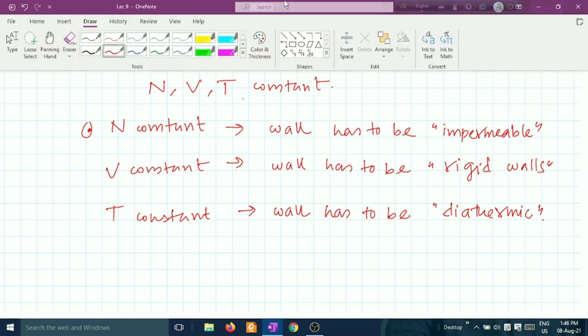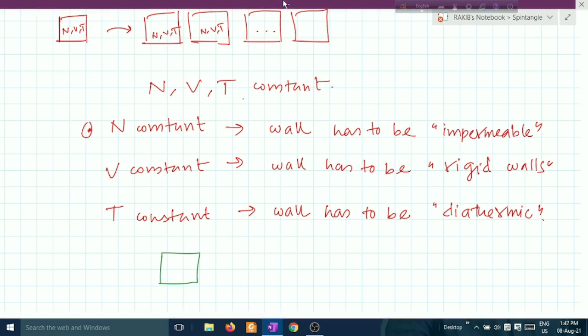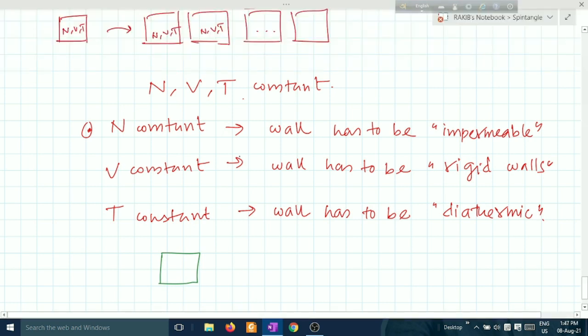Let's understand this. Say this is the system. To make N constant, the wall has to be impermeable. Impermeable means no particle can go outside the box or come inside the box. The wall has to be rigid to make the volume constant.